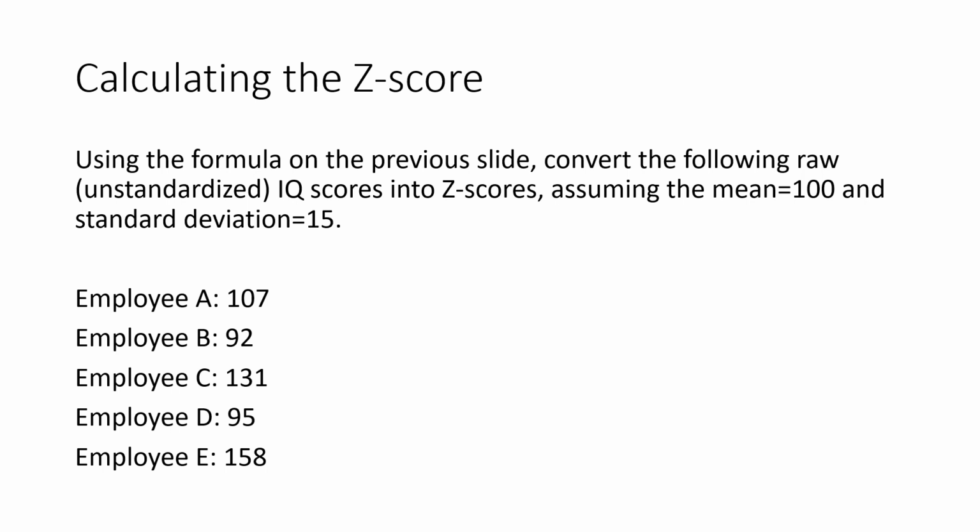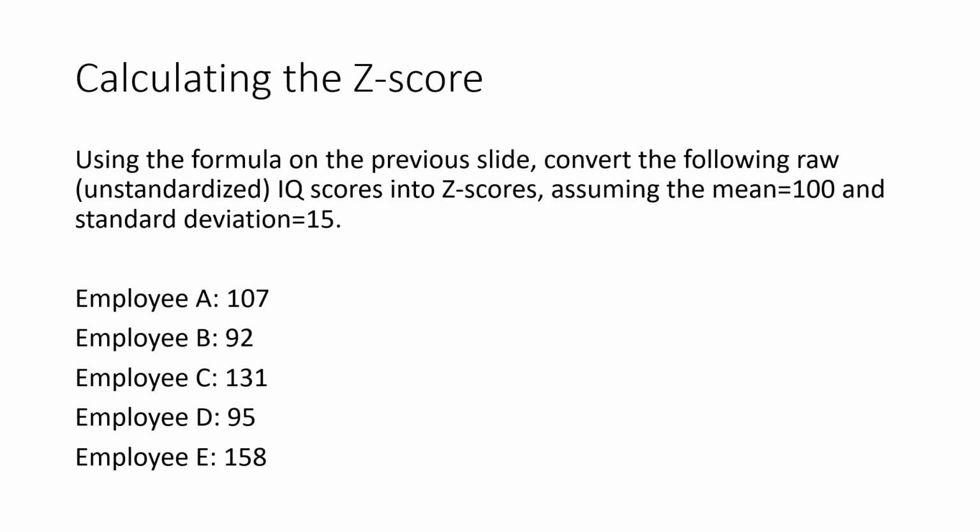So starting with employee A, we have an IQ of 107. So we can already tell that this is a number that's slightly above the mean. It'll be a positive number, therefore. To calculate this, we take 107 minus 100, and then we divide that by 15, and that gives you a z-score of 0.47. So a raw score of 107 is a z-score of 0.47.